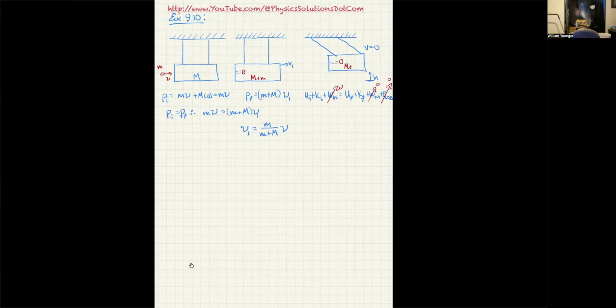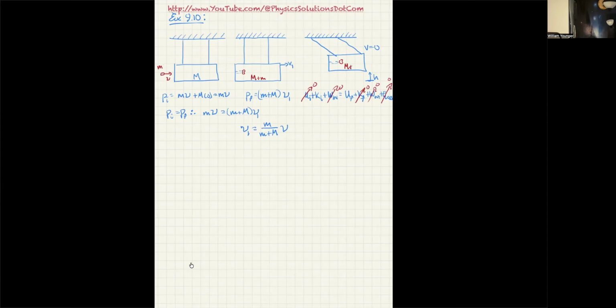In fact, the initial potential energy is 0, and at the end the final kinetic energy is 0.